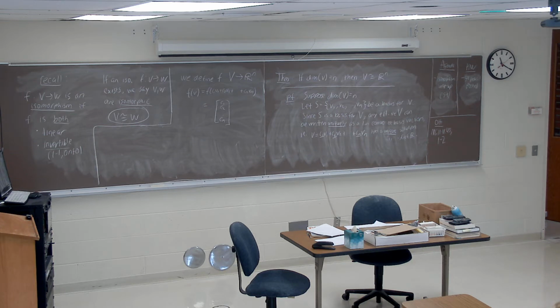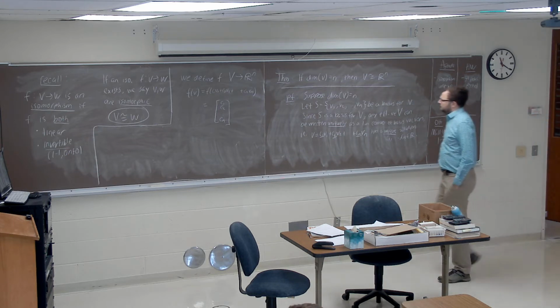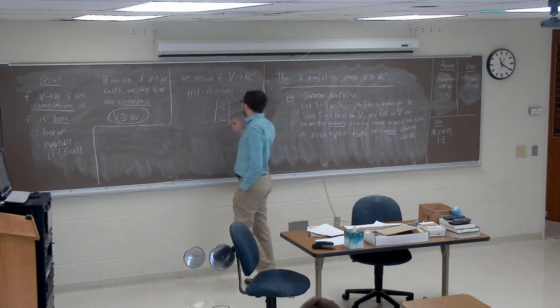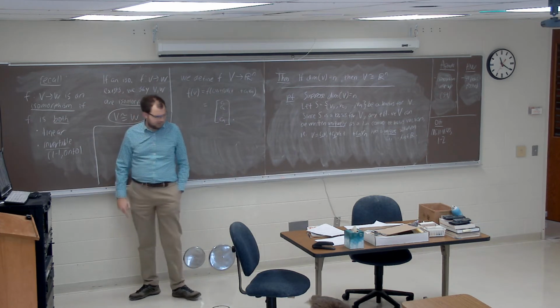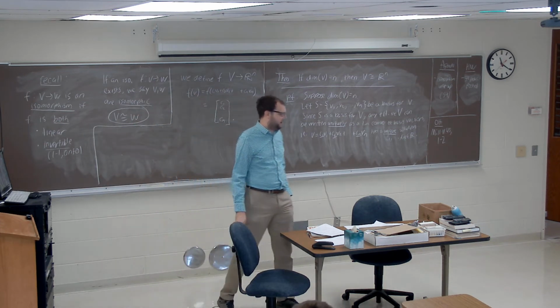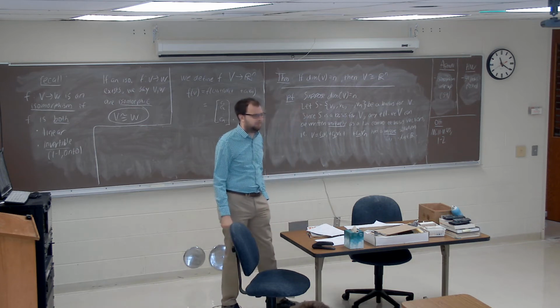Then we take the scalars that we find in this equation and put those into a vector in Rn, and that gives us a way to go from our vector space V to Rn by taking in a vector in V and spitting out the scalars that give you that linear combination of basis elements. Anybody have any questions or comments about what's going on there?